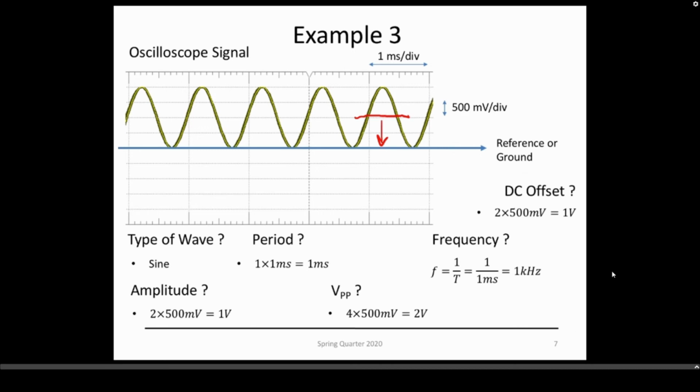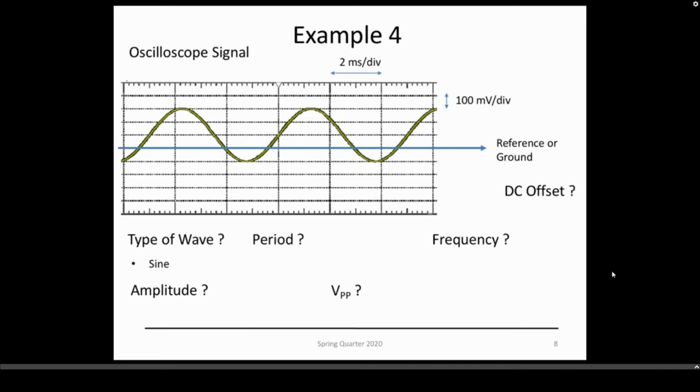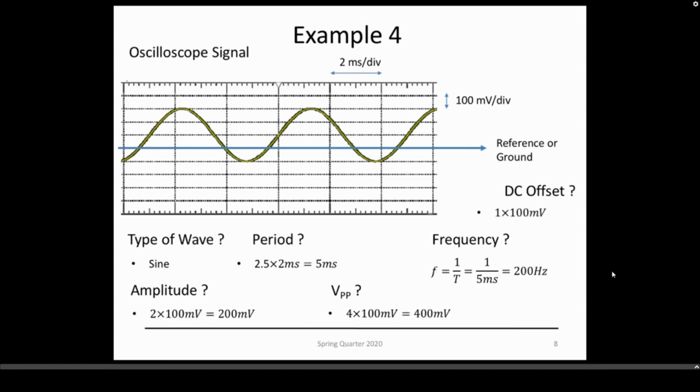Let's move on to another example. Similar one, so your wave is going up, so you're already expecting a positive offset. So pause the video and then check your answers. I'm going fast here. You guys can check the answers at the end. So I'll go over the offset here one more time.